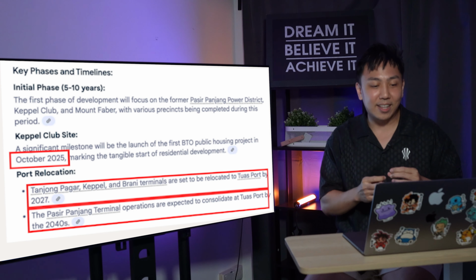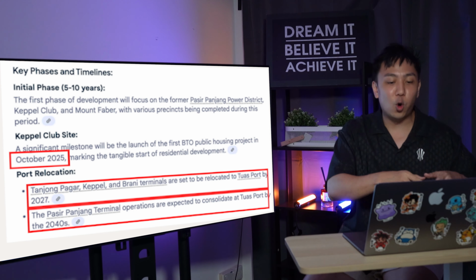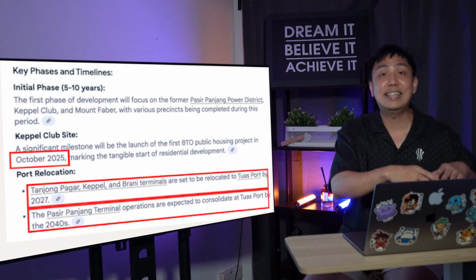They only start to launch the first BTO housing in that area this year, October 2025. And the expected completion of the entire project goes way beyond 2040, by which time, if you look at V on Shenton, which is a 99-year project, how many years would have already passed?